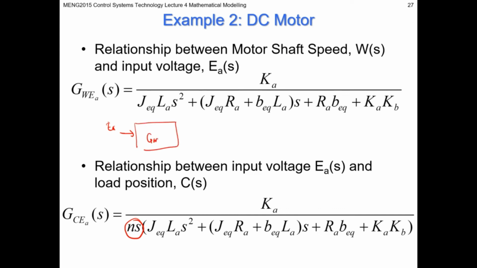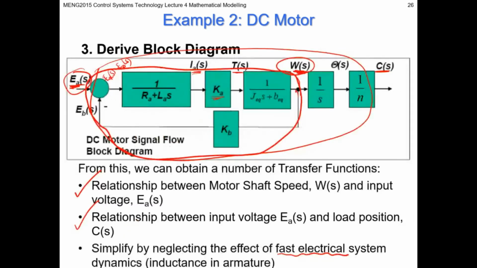We've got a block that says GWE of S, and that sort of swallowed up our closed loop feedback, which is our back EMF. Then we feed that into two more blocks in the block diagram on the previous slide. One has 1 upon S and one has 1 upon N to give us our output C of S. That's these two blocks here.